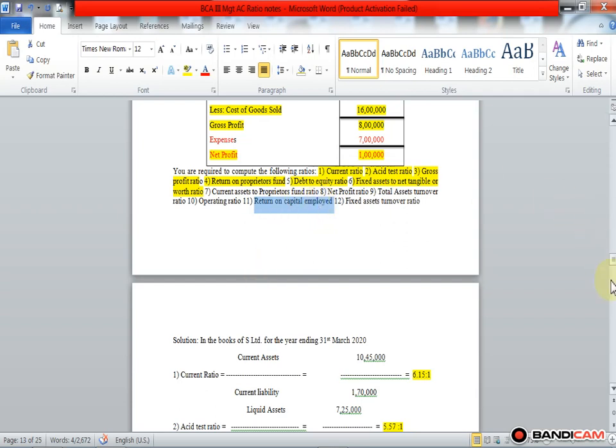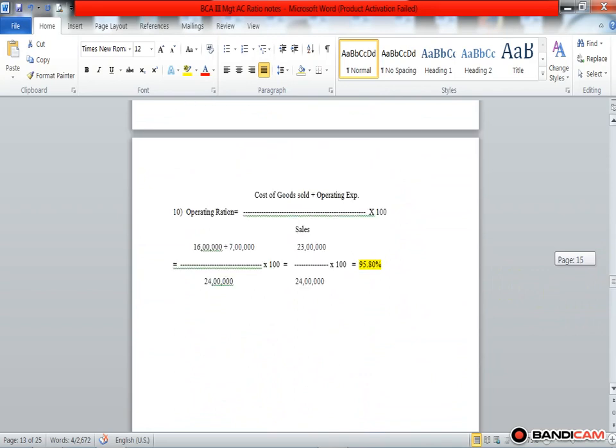The formula is the same as return on proprietors fund, number 11. So it is equal to net profit divided by capital employed.